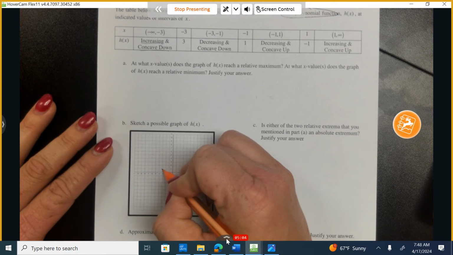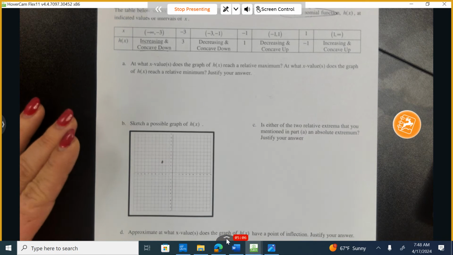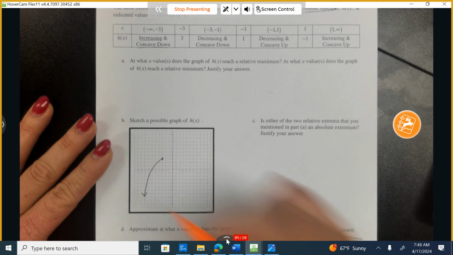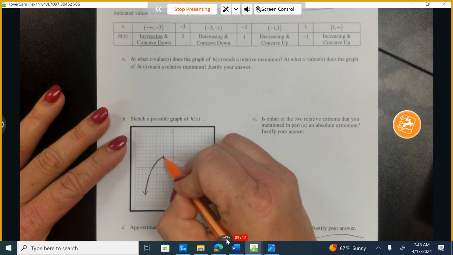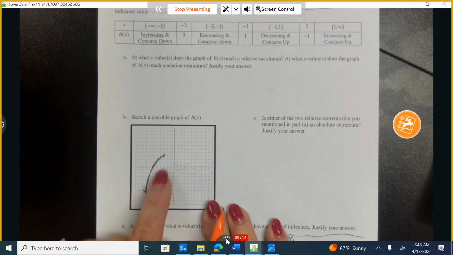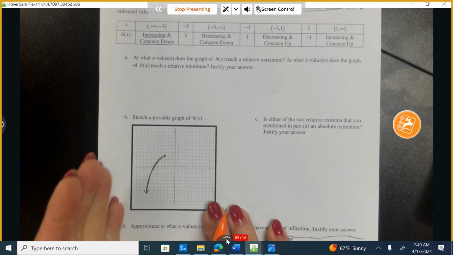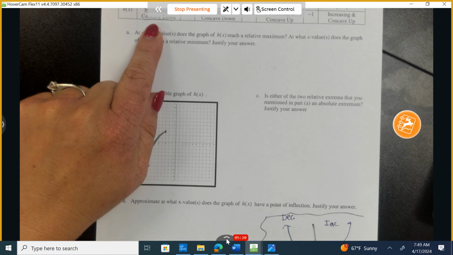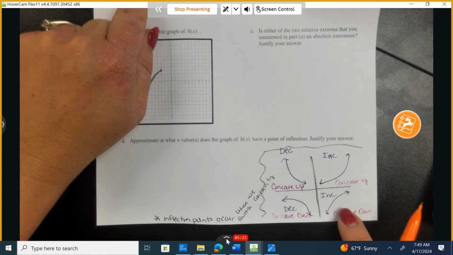So please go to -3, +3, and draw that point. All right, this is my example right here. There's my example on this left-hand side of it's increasing from left to right, and it's concave down. Looks just like this down below.